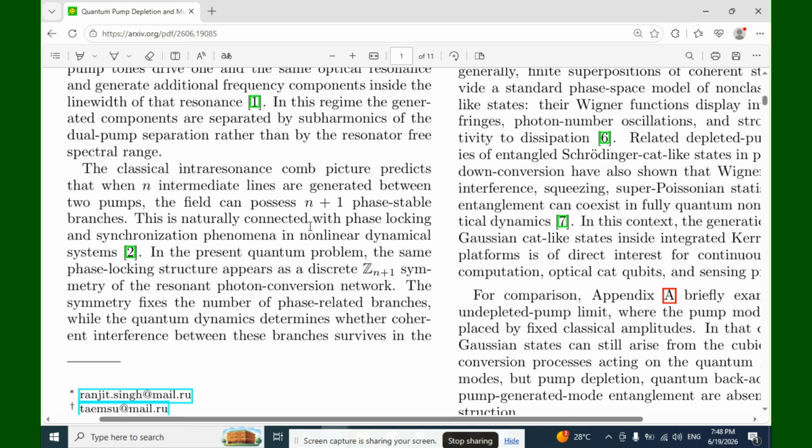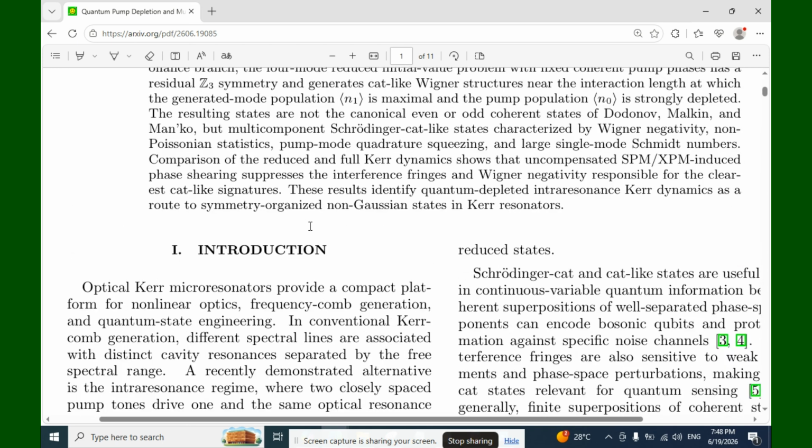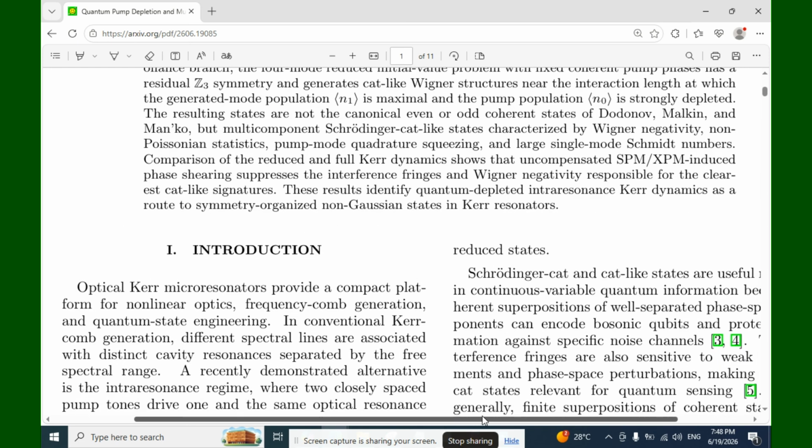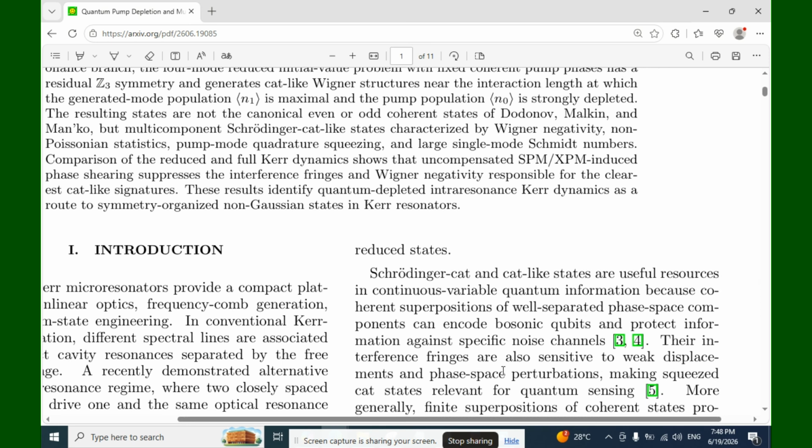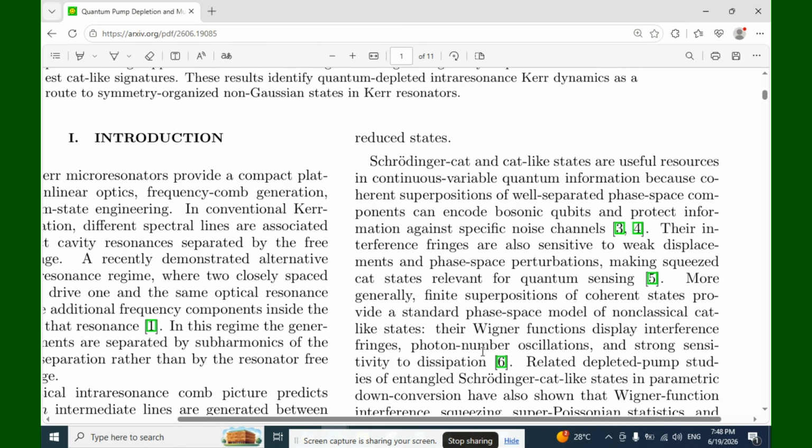between these branches survives. Schrödinger cat-like states are used as resources in continuous variable quantum information because coherent superpositions of well-separated phase space components can encode bosonic qubits and protect information against specific noise channels.